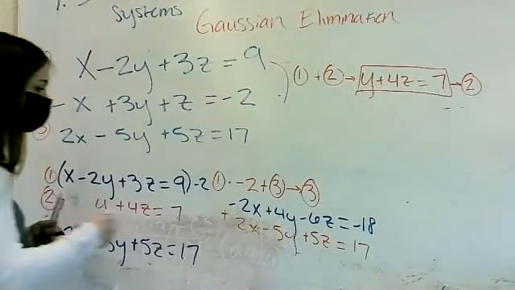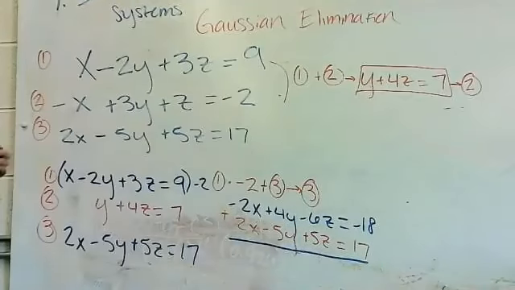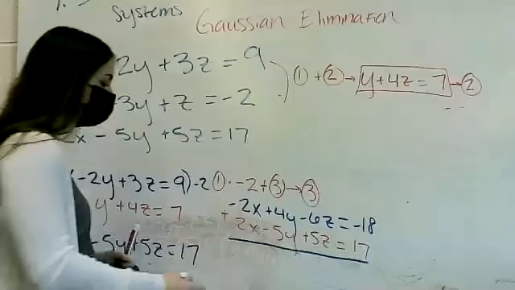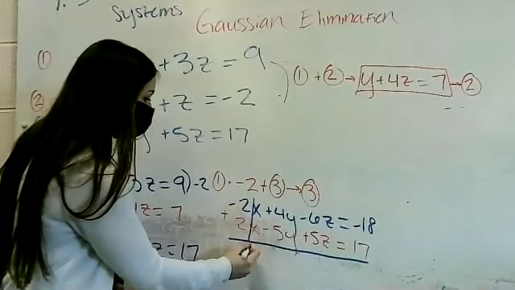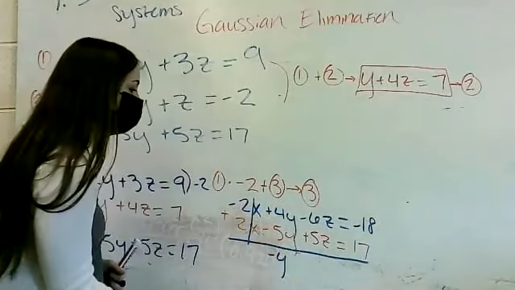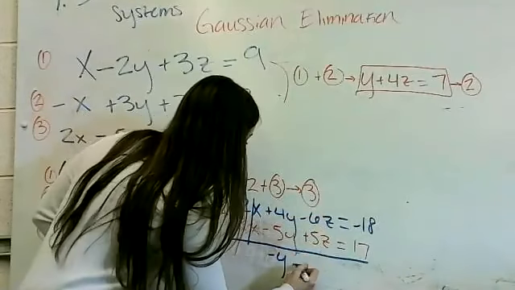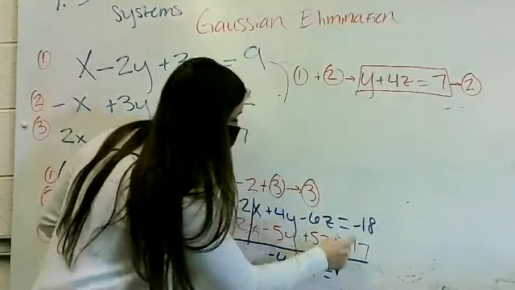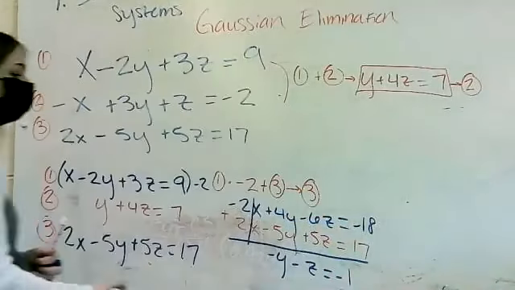Okay, so we're going to add straight down then. And again, remember, the goal is to obtain a new equation 3. Negative 2x, positive 2x, those are canceling. Positive 4y, negative 5y, I'm left with negative y. Negative 6z, positive 5z, negative z equals negative 18, positive 17, negative 1.